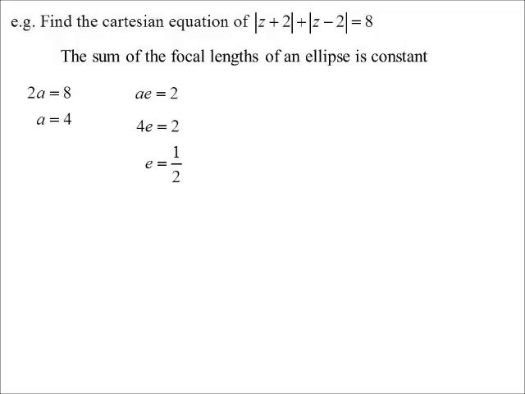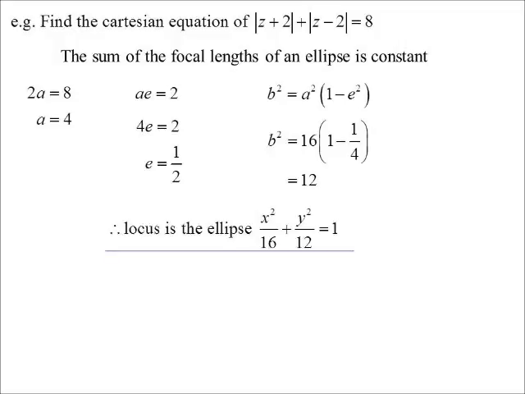So if ae equals 2, I now know the eccentricity is a half. I know a, I know the eccentricity, I can now work out b, because b squared is a squared times 1 minus e squared. And it turns out to be 12 for b squared. So there's my ellipse: x squared on 16 plus y squared on 12 is equal to 1. So it's a nice little locus question there.